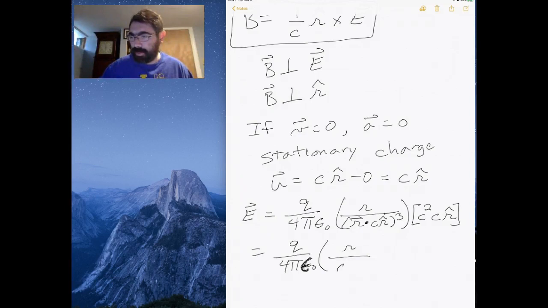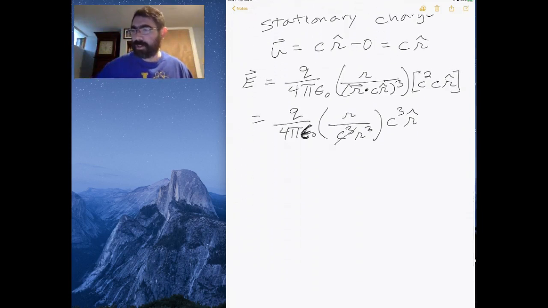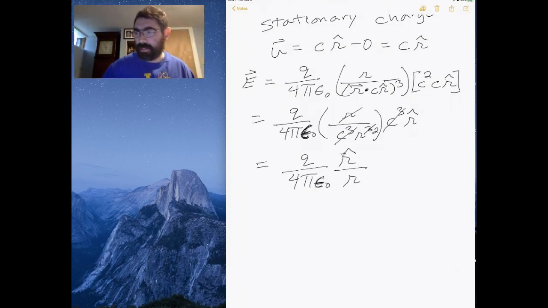So that leaves us with c cubed r cubed, c cubed r hat, and so the r cubed and the c cubed cancel. r cancels right here, that becomes r squared, and we're left with q over 4 pi epsilon naught of r hat over r squared, which is essentially Coulomb's law.